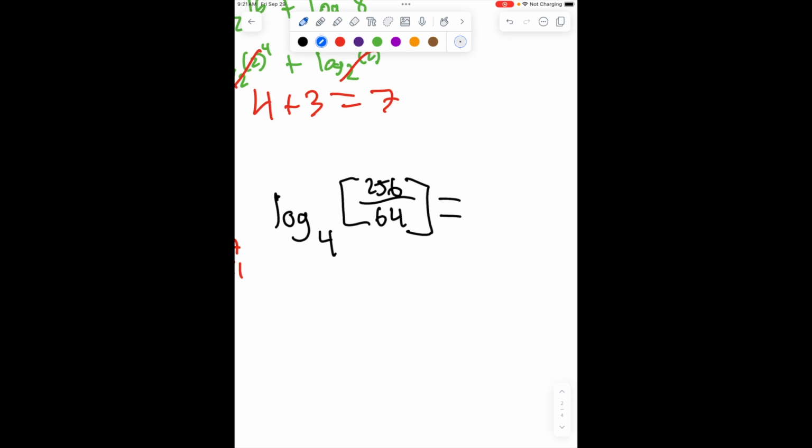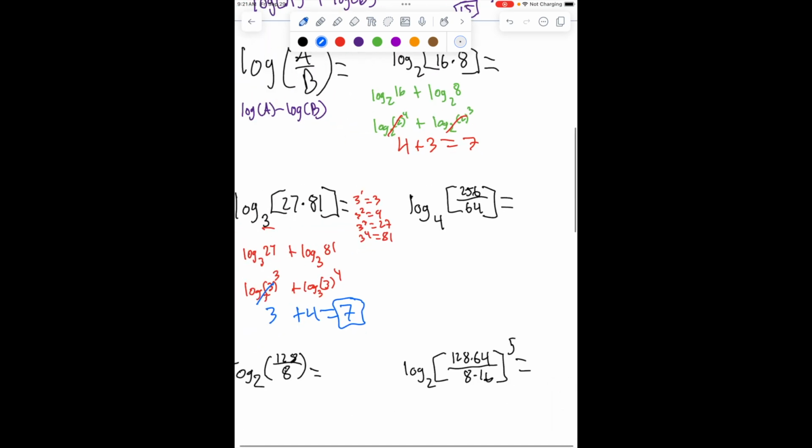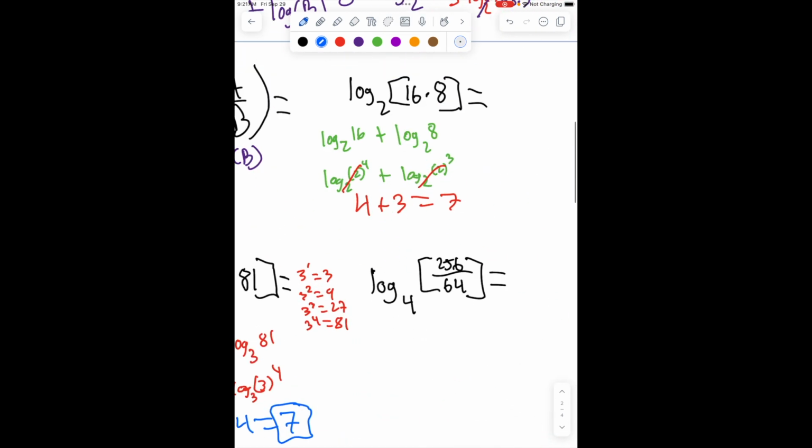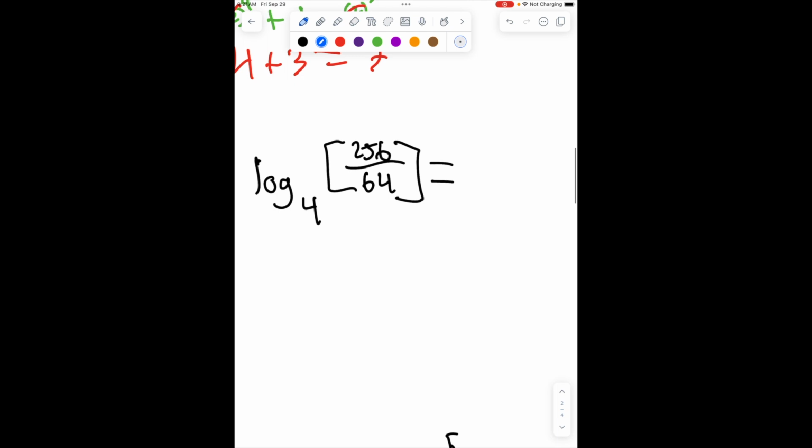All right. This one is not multiplication in the middle, it is division. So again, if I think back, division, I need to split them apart and subtract. So I'm going to rewrite as log base 4 of 256 minus log base 4 of 64.